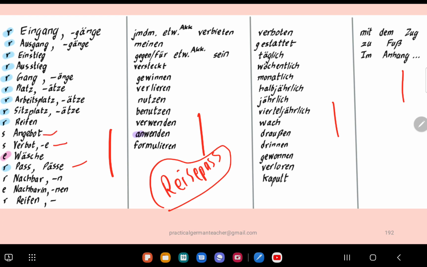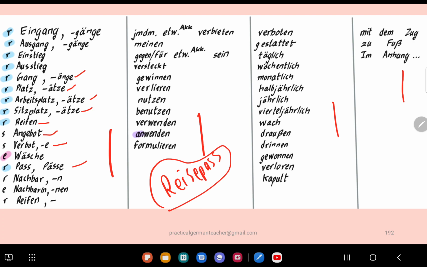Verbot is prohibition. This one is offer, tires, sitting places, working place. Gang can mean 2 things. It can mean floor or passage. Other meaning of it is courses. So what do I mean by course? It means how many courses does this restaurant offer.